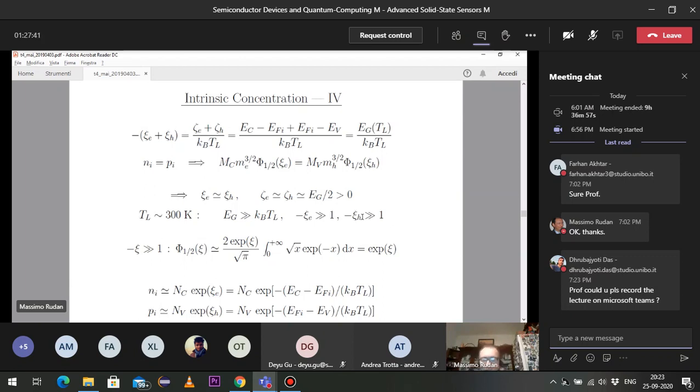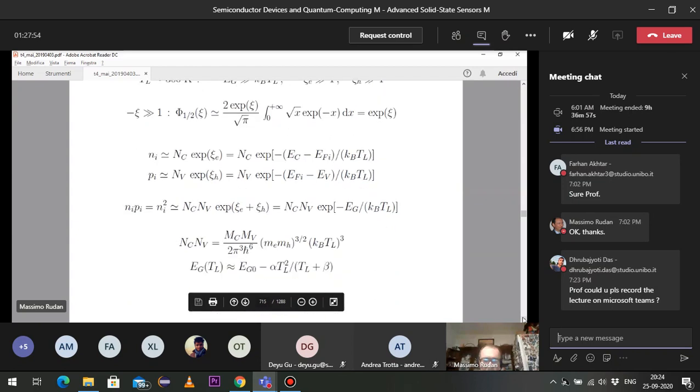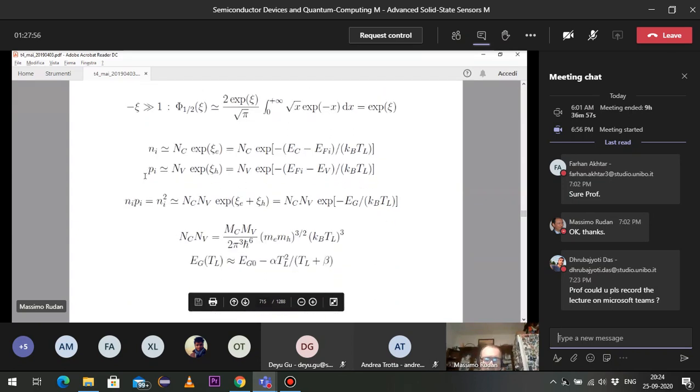And of course, this is much, much more convenient because exponentials are easily manageable, okay? So now we take again the general expression of Ni and Pi. You remember it used to be Nc times the Fermi integral. Now we write it as Nc times the exponential of the same argument. And the argument psi e, as you remember, is minus 1 over kT times Ec minus the Fermi level.